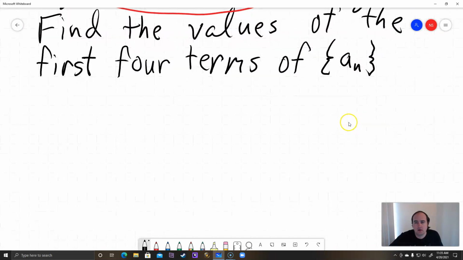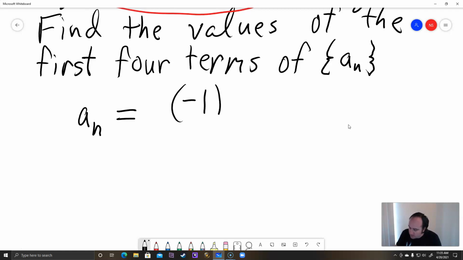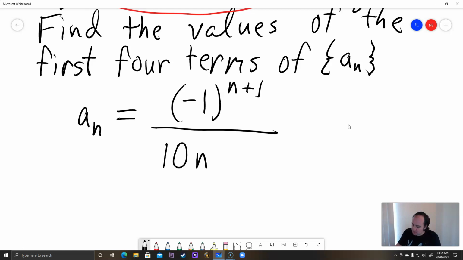Okay, and what they give us is they tell us that a sub n equals (-1)^(n+1) divided by 10n minus 5. Okay, so this right here is the formula. This is called the formula for the sequence.